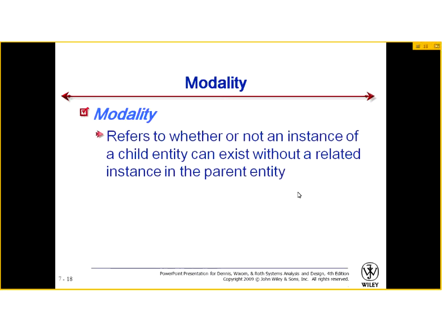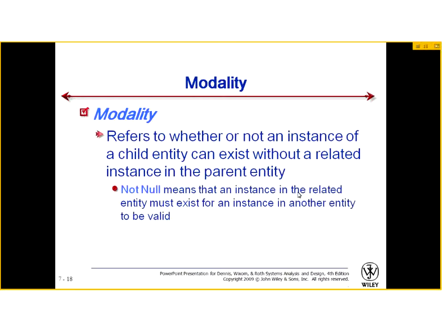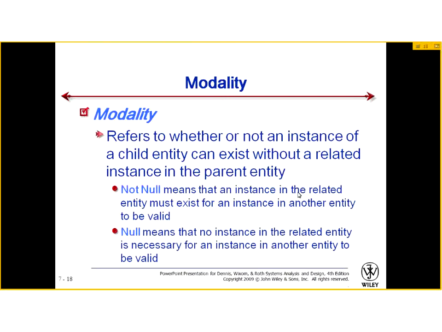Then modality refers to whether or not an instance of a child entity can exist without a related instance in the parent entity. So if we say it's not null, it means that an instance in the related entity must exist for an instance in another entity to be valid. So the existence is mandatory.